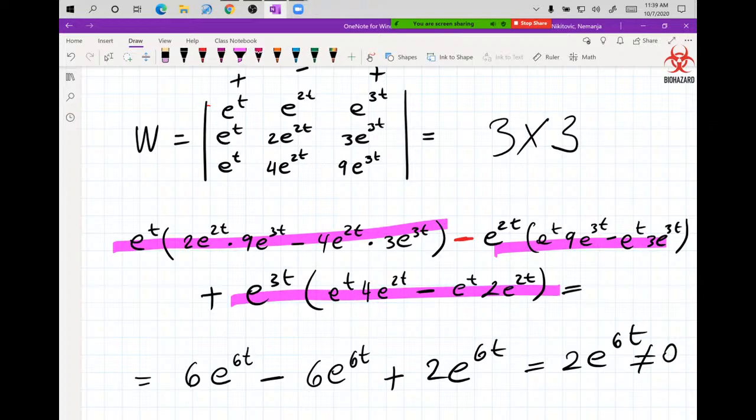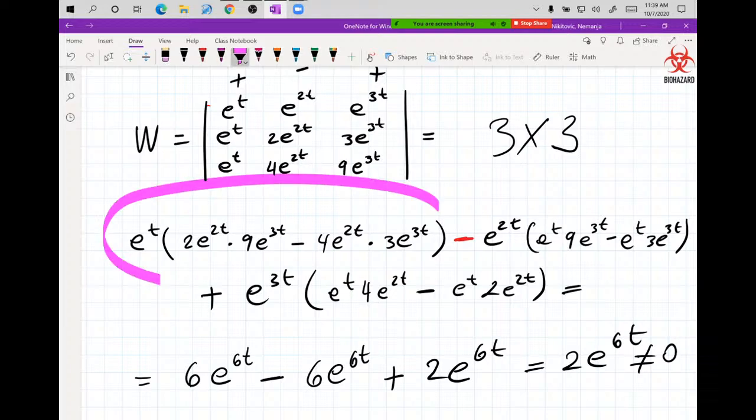So a 3 by 3 breaks down into 3 2 by 2s. By that logic, a 4 by 4 calculation will break down into 4 3 by 3s, and then each 3 by 3 would break into this. So you have 12 of these terms in a 4 by 4. So it gets exponentially worse in terms of time and calculation the higher you go.